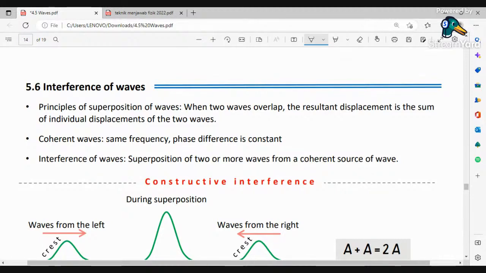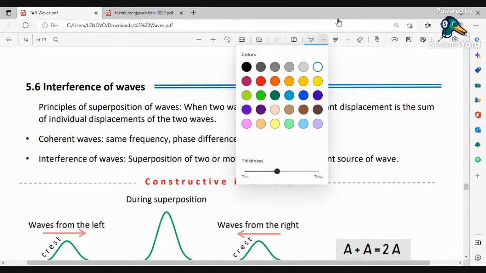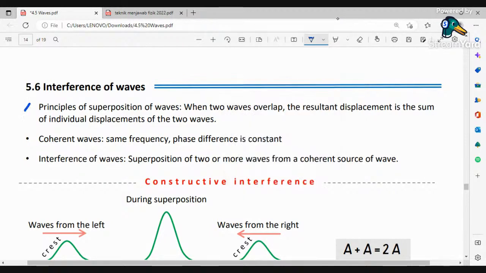First, principle of superposition of waves. When two waves meet, the waves overlap or superimpose. The resultant displacement is the sum of individual displacement of the two waves.